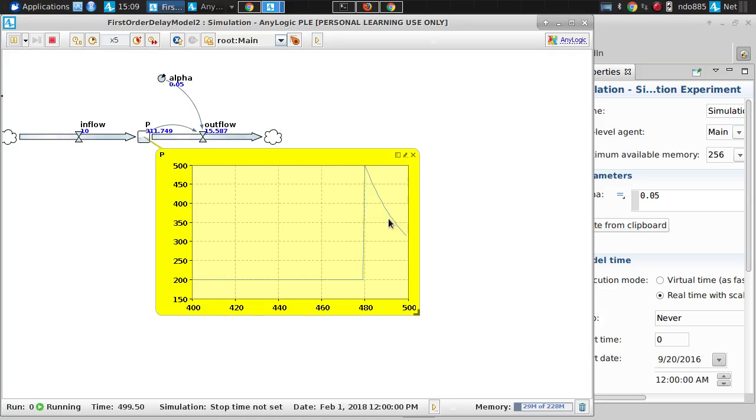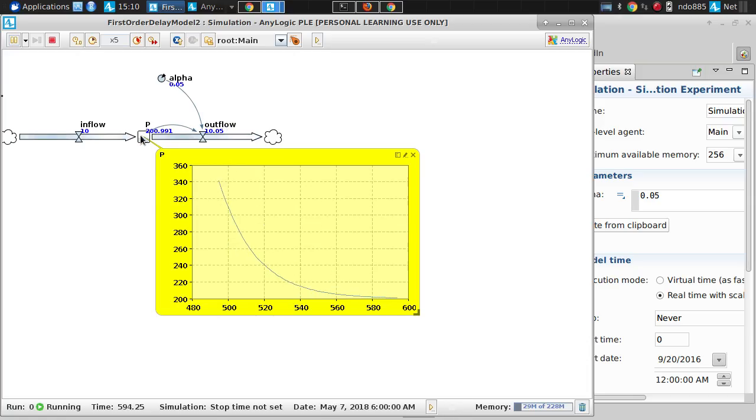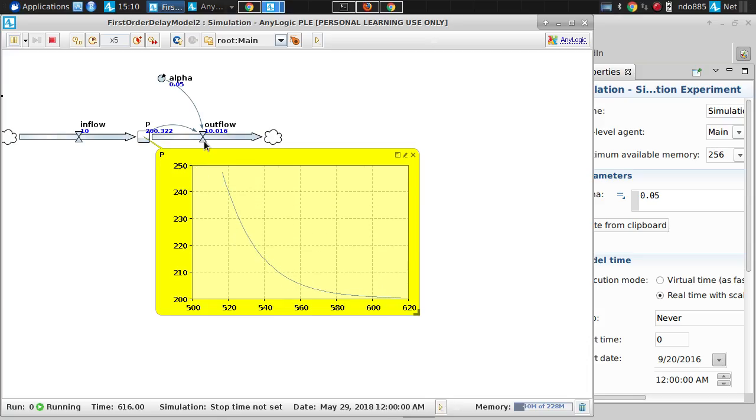It starts dropping down. But as the stock starts dropping, the outflow is going to be decreasing. After all, the outflow is just a constant times the value of the stock. So the outflow will be dropping too.